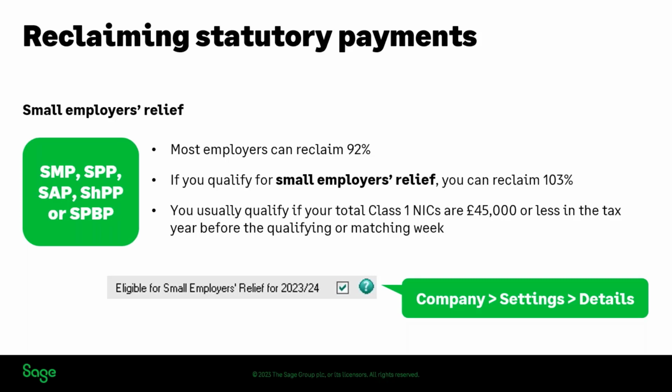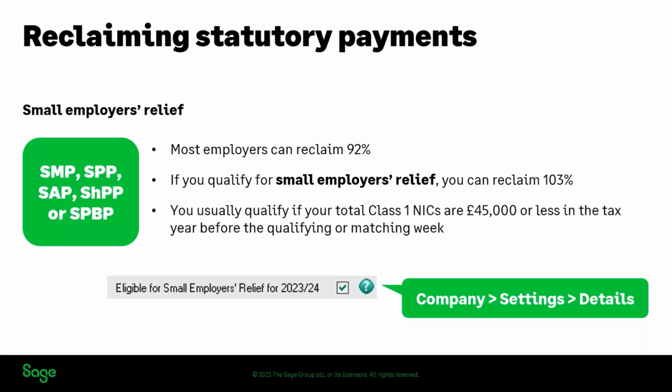So it's a total reclaim of 103%. You would usually qualify for this relief if your total Class 1 national insurance contributions, that's employee plus employer, were £45,000 or less in the tax year before the qualifying week, or matching week in the case of adoption.